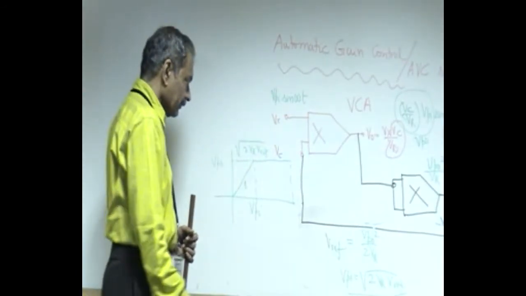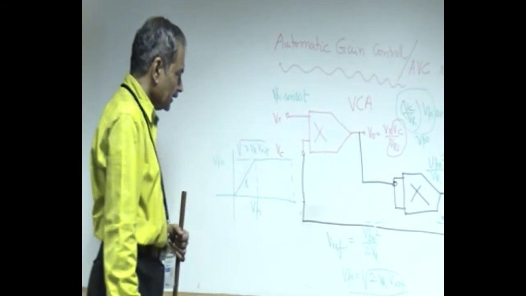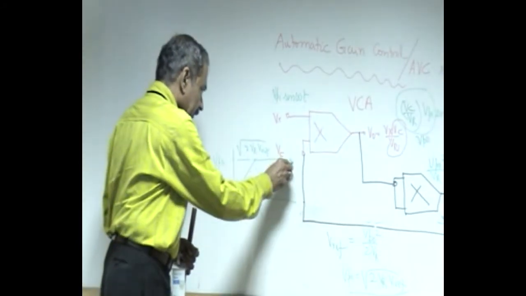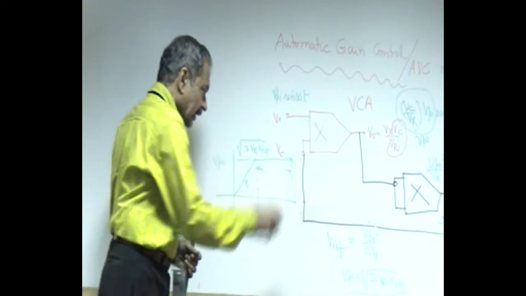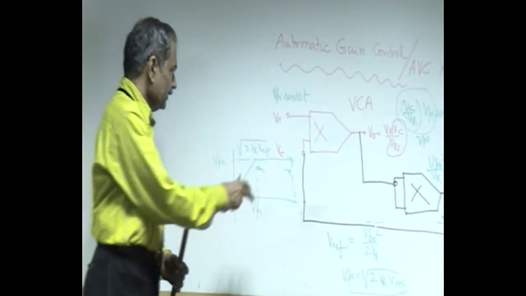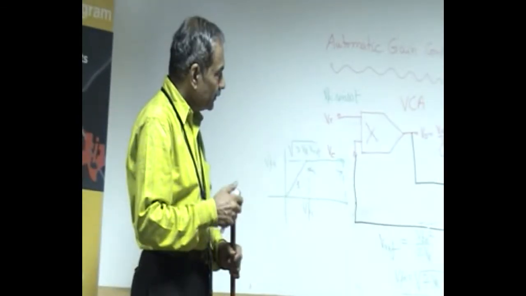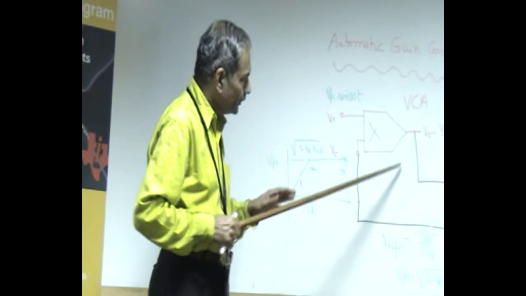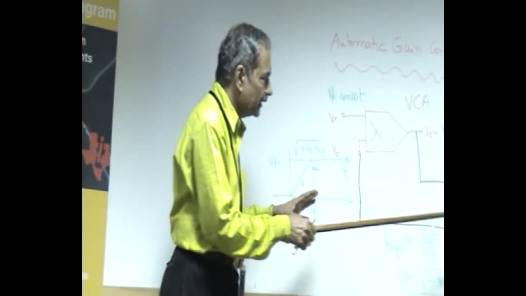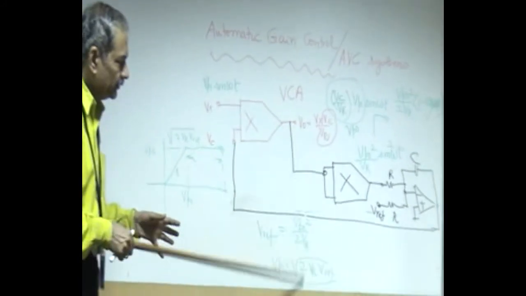The multiplier stops functioning as a voltage controlled amplifier thereafter. So this is the range, the dynamic range within which AGC is effective. This is the lock range, in which this particular AGC loop is getting locked to this particular amplitude right here.